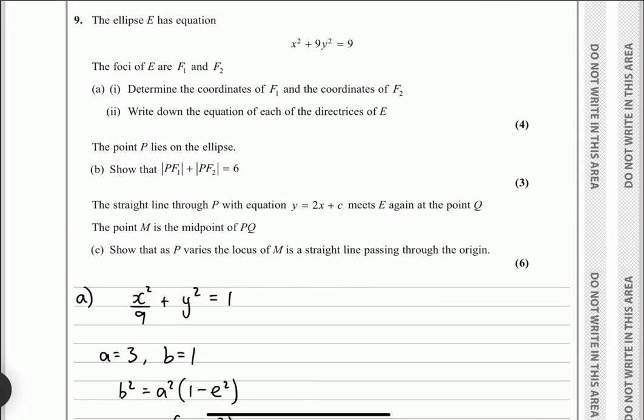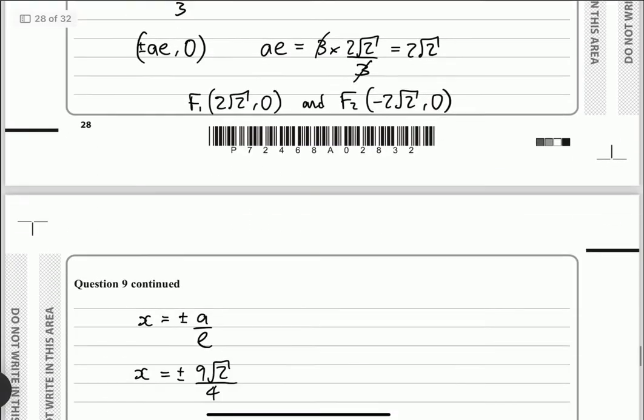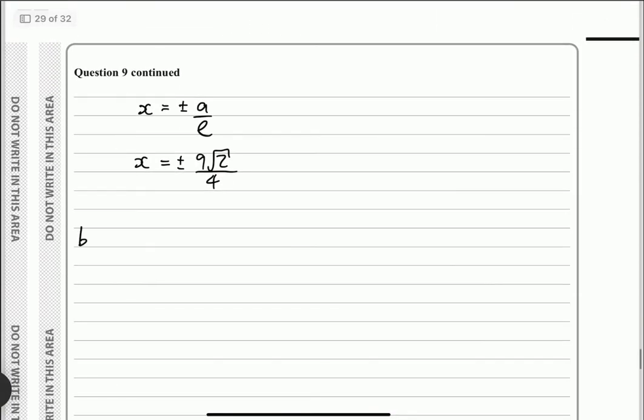The point P lies on the ellipse. Show that PF1 plus PF2, so the distance from the point on the ellipse to the two different foci, when you add them together, must equal 6. So this is going back to basic definitions of what an ellipse is. We can try not to draw it too terribly.